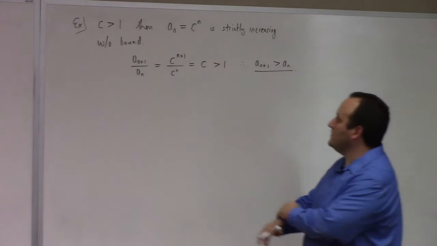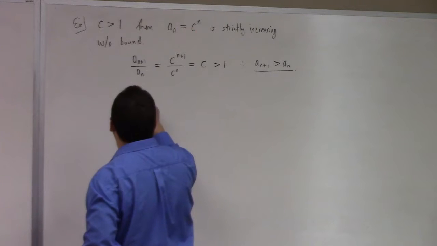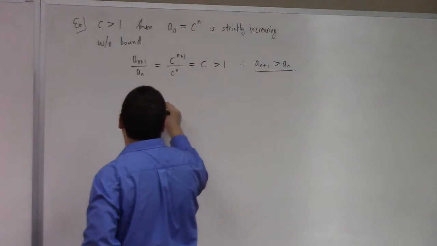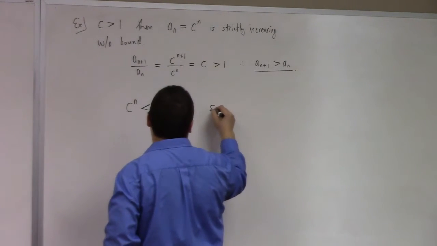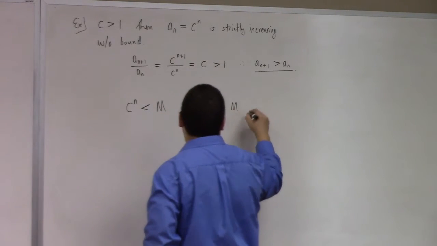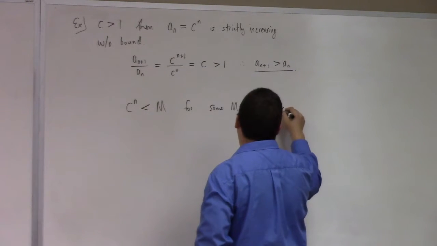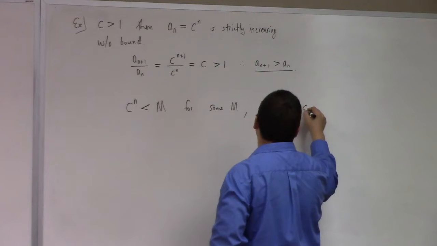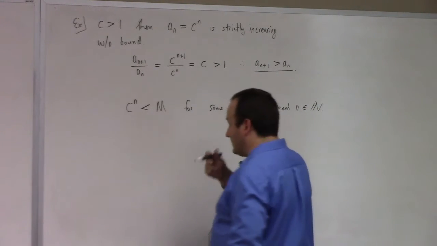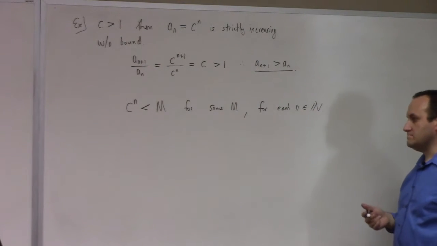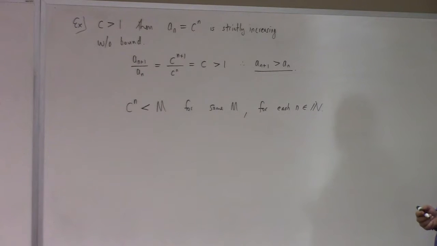Here, let me show you. Suppose that C to the n was less than m for some m. Suppose it did have a bound, all right? Let's see here. Could you find a contradiction?